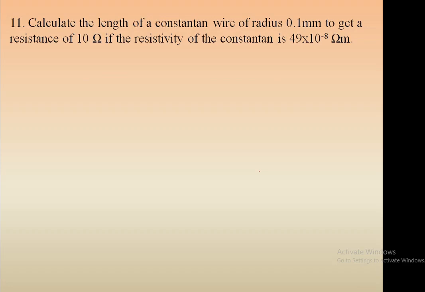Now the next one. Calculate the length of a constantan wire of radius 0.1 mm to get a resistance of 10 ohm if the resistivity of the constantan is 49 × 10^-8 ohm meter. Here we have to find the length of the constantan wire.